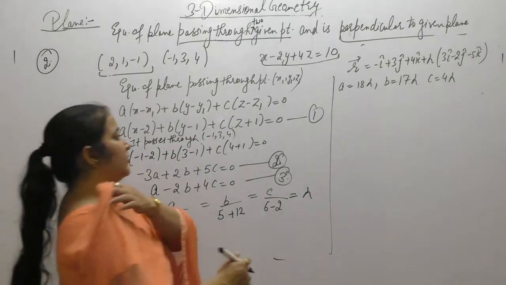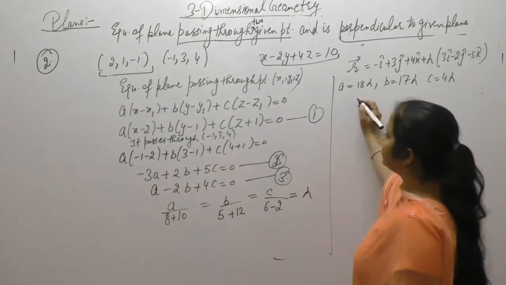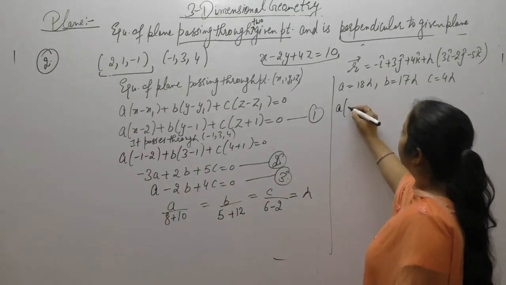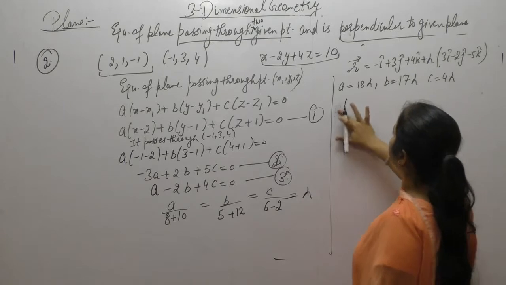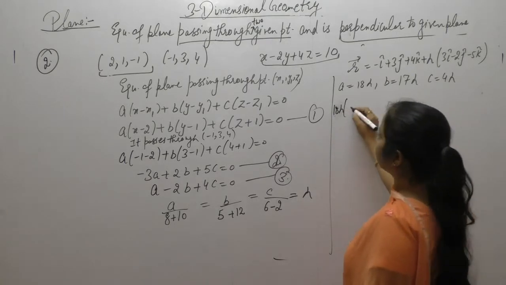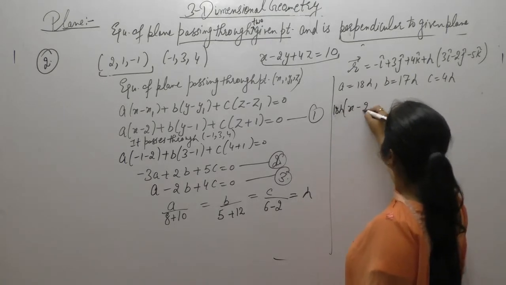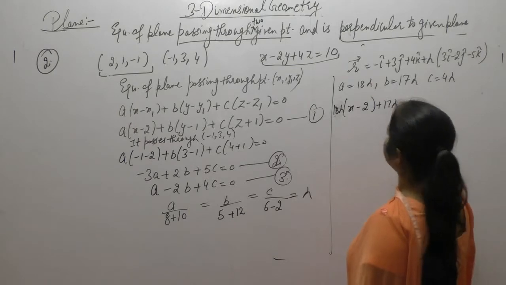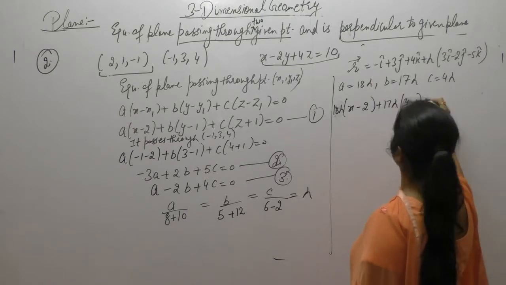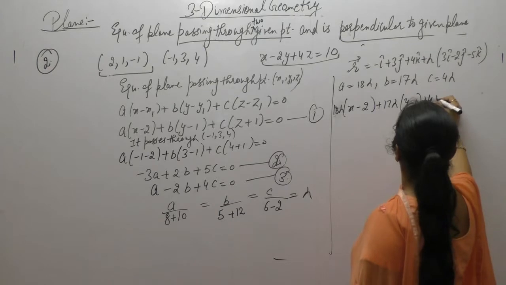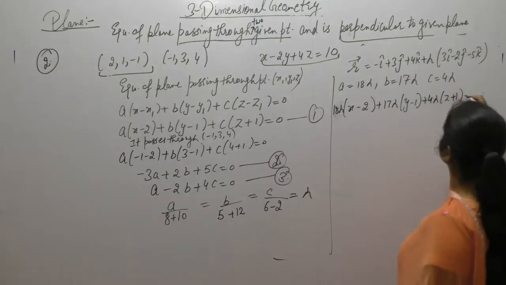By using cross multiplication, we find the values of a, b and c. Now put these values of a, b and c in 1. A is 18 lambda, x minus 2, 17 lambda, y minus 1, c is 4 lambda, z plus 1.